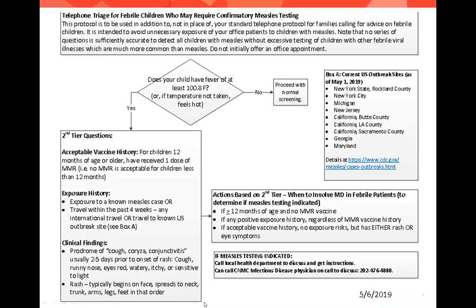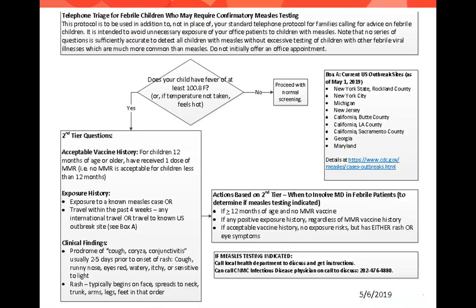And then the physician can call the local health department to discuss the patient and get instructions on what to do, especially instructions about testing. The health department can advise about if the child should be coming to the clinic or if they should stay at home, and the health department can go out to do the testing.